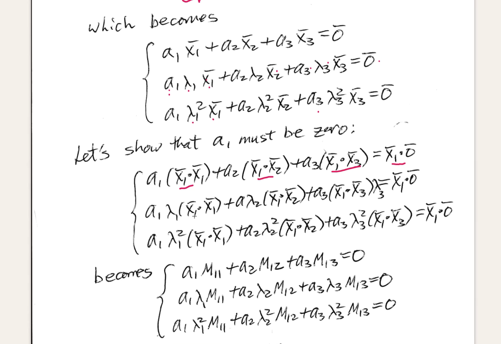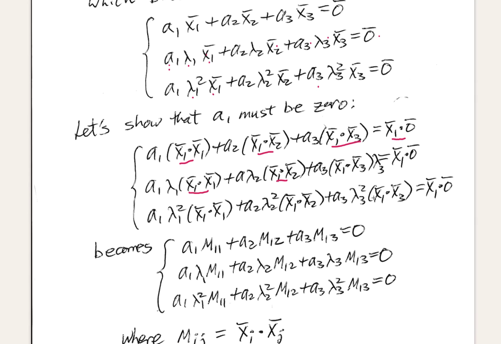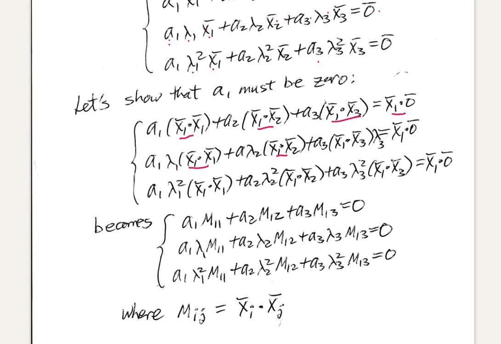And notice that the dot product is actually a number, so there are no more vectors involved. These three equations become three scalar equations: a sub 1 m sub 1,1 plus a sub 2 m sub 1,2 plus a sub 3 m sub 1,3 is 0, and so on.